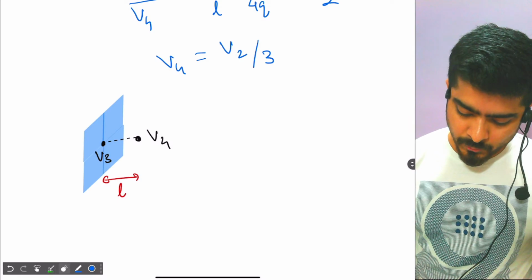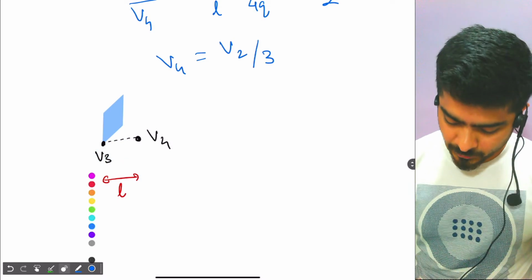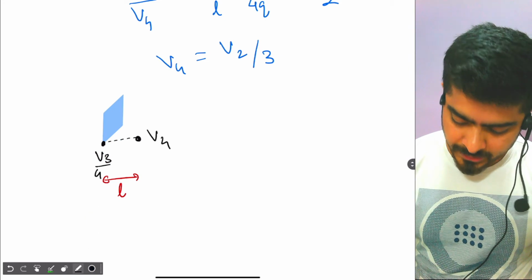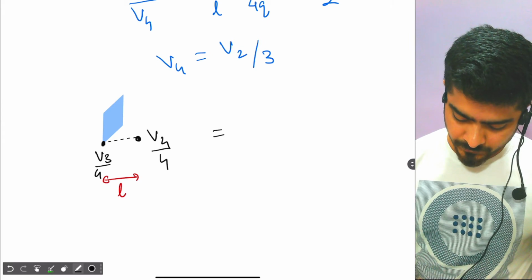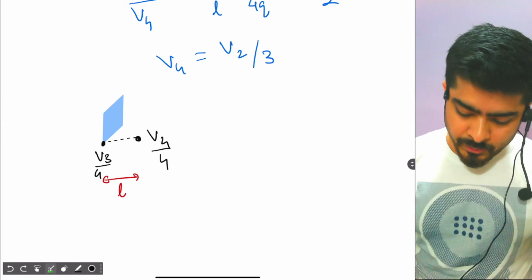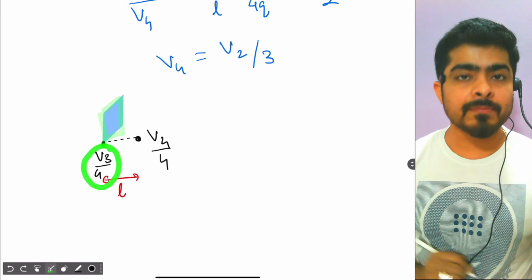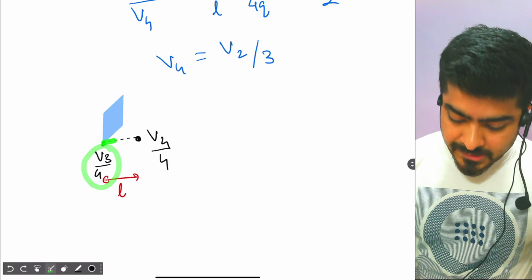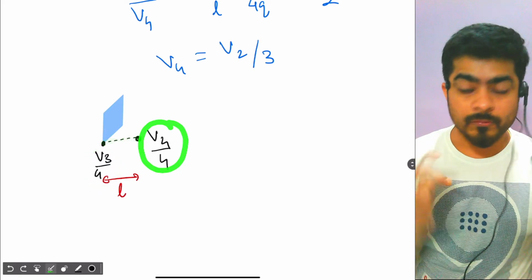So if I remove the four plates, then the potential will become V3 by 4 and V4 by 4. So at the corner of the original square plate, potential is V3 by 4, and at a distance L away from the corner, potential is V4 by 4.